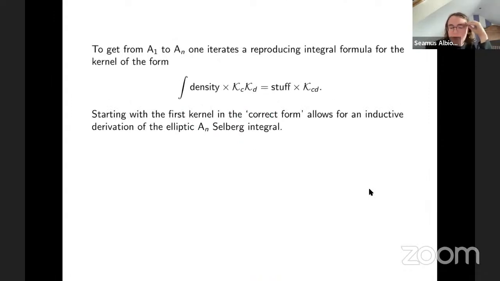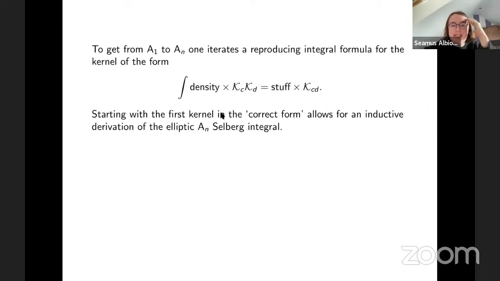Okay, but that formula I just showed you isn't enough to get the AN version of the integral. You also need some kind of reproducing integral, which looks like I take some density. I'm being very purposely vague here because the formulas, the details, are not nice to write on slides, and I've already punished you enough with some really ugly formulas. So morally, it looks like this.